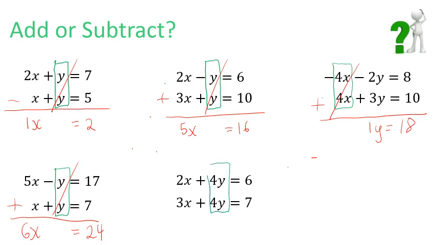These are my matching variables that I'm trying to cancel out. So if I add them, I can see I'm going to get 4y plus 4y, which will be 8y. That won't cancel them out. So I'll need to subtract these ones. So 2x minus 3x, negative 1x. This will cancel out. 6 minus 7, negative 1.